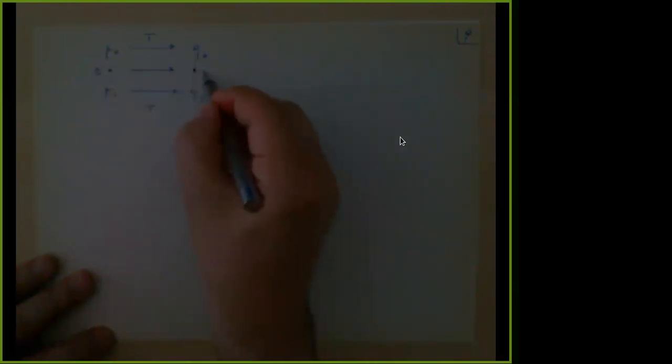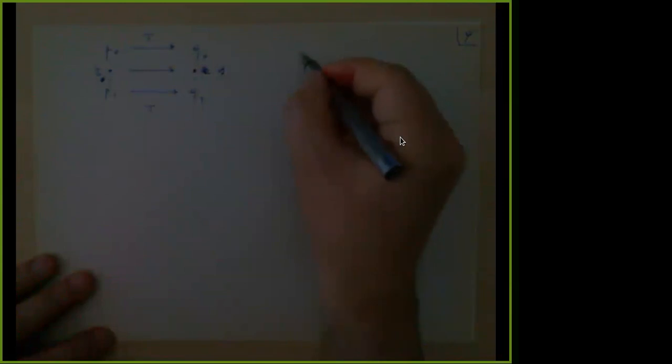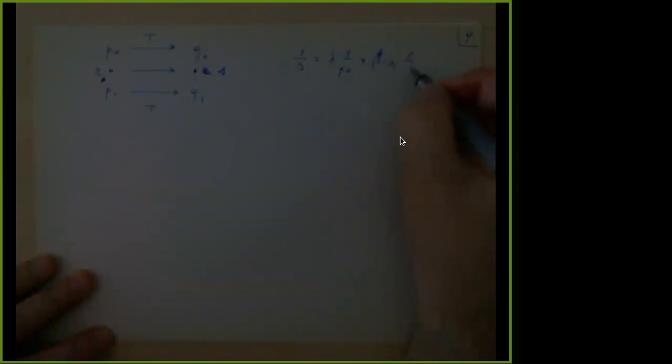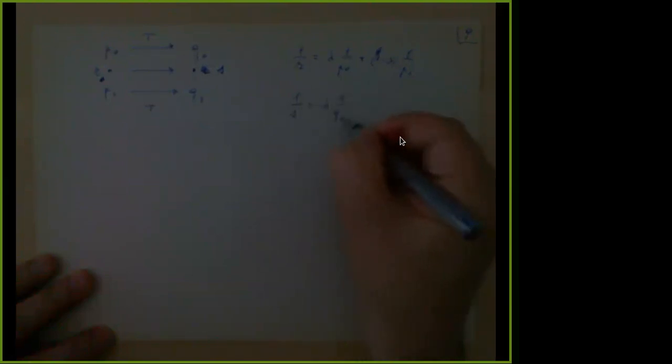So you take any R which is between the two. Let's say R and S, in the following way: 1 over R is equal to lambda over P0 plus 1 minus lambda over P1, and 1 over S is equal to lambda over Q0 plus 1 minus lambda over Q1.